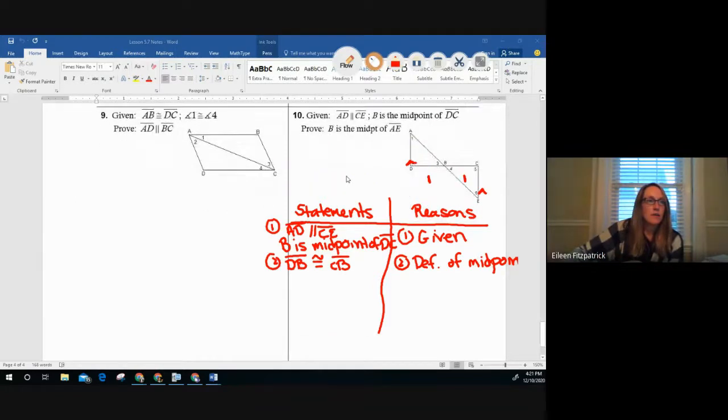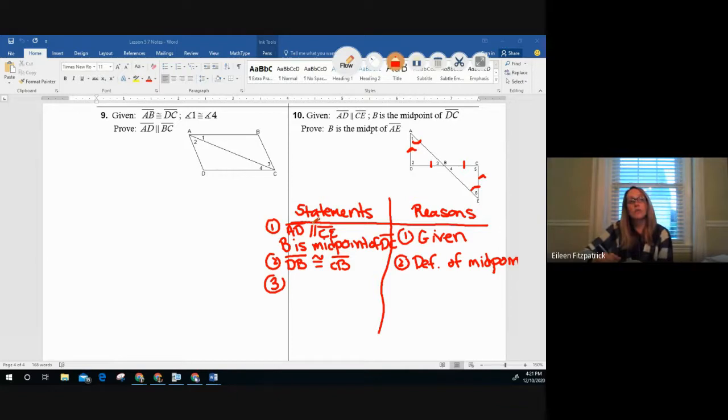Put my markings back on. So this is congruent to that, and this is parallel to that. Let's use the parallel lines. Parallel lines cut by a transversal. I'm going to say that angle 1 is congruent to angle 6. Alternate interior angles.